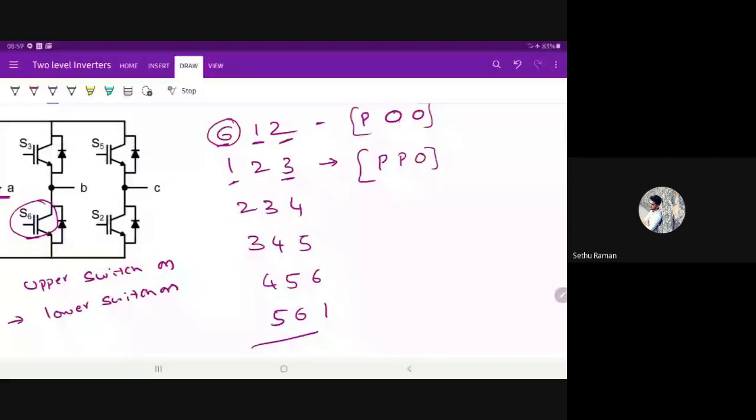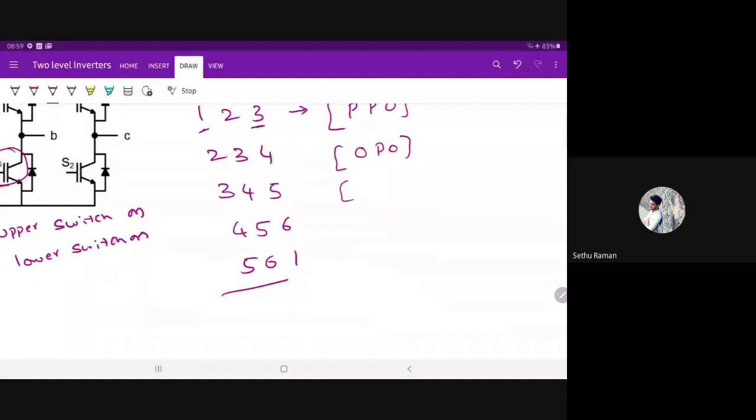Okay. So if you complete this one, this is PP0, then 0P0, 0PP, 00P, and we have this P0P.